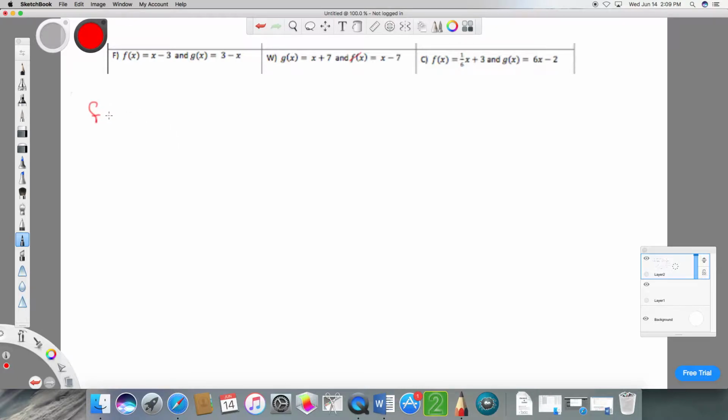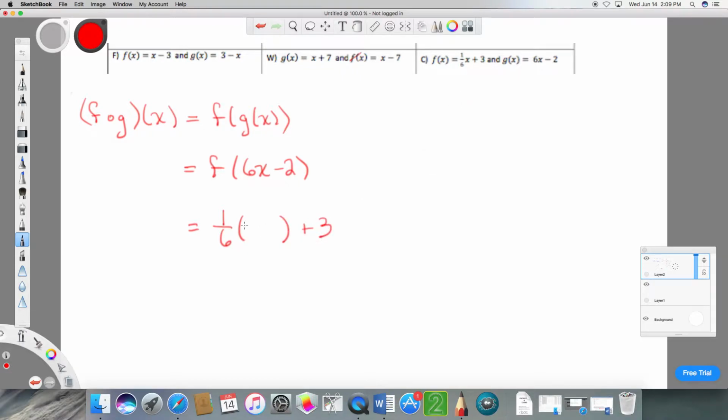So let's find f composed with g. g is the input of f. g is this linear function 6x minus 2. f will always take the input and create an addition problem. But first it takes 1/6 of that input and then it adds 3. So our input is 6x minus 2.